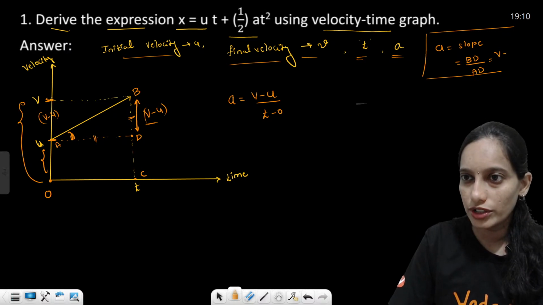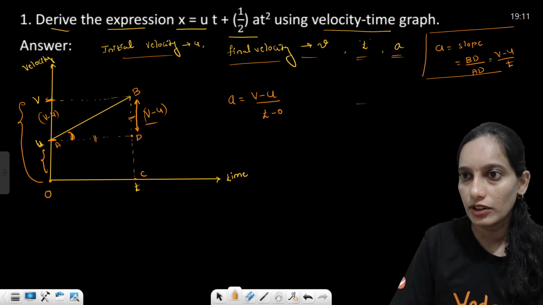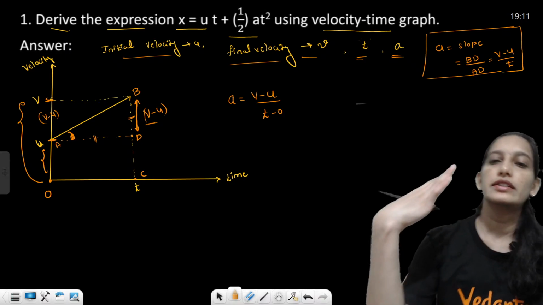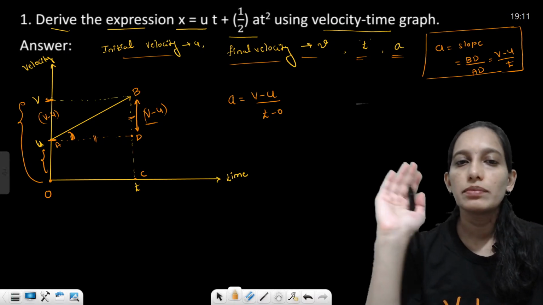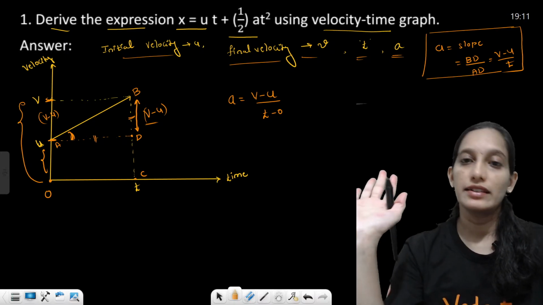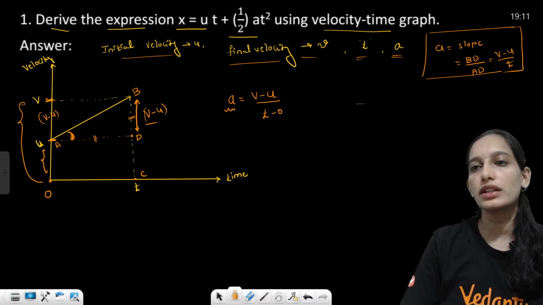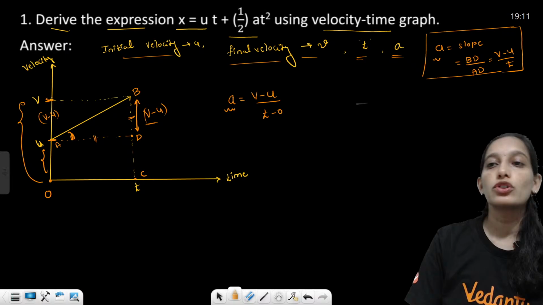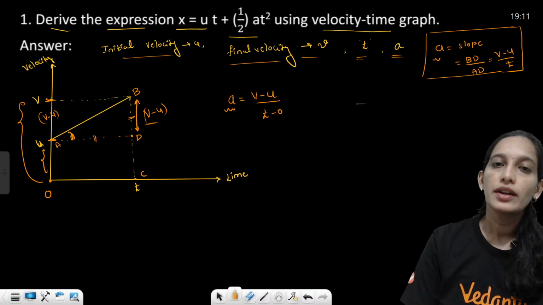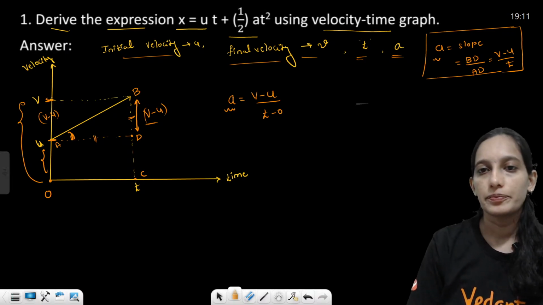So this is also going to give you V minus U by T. We are getting the same thing, but you should understand what we are writing here. Either I use the average acceleration definition, or the slope of the velocity time graph, which always gives me acceleration. That is the very basic application of your VT graph.